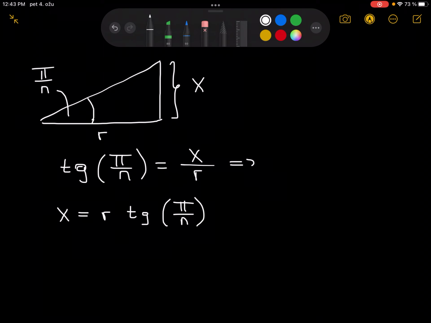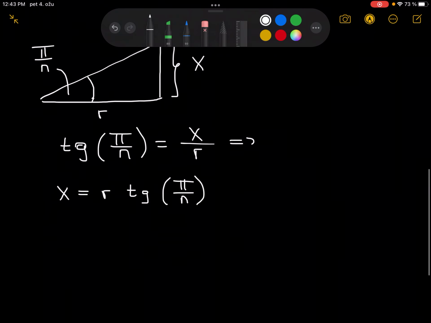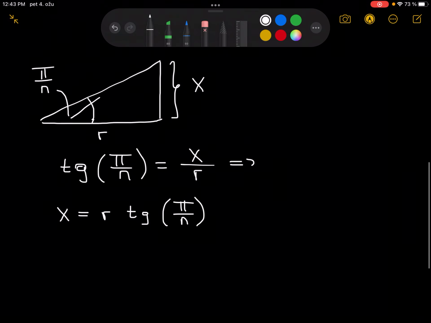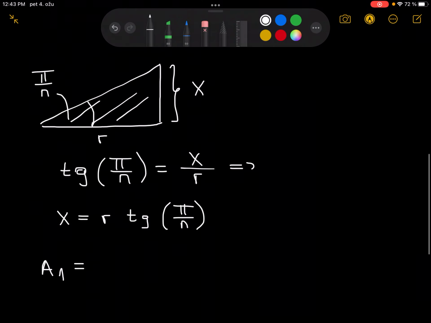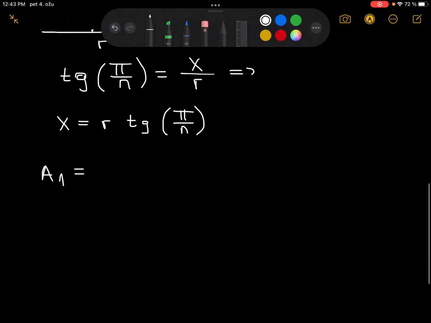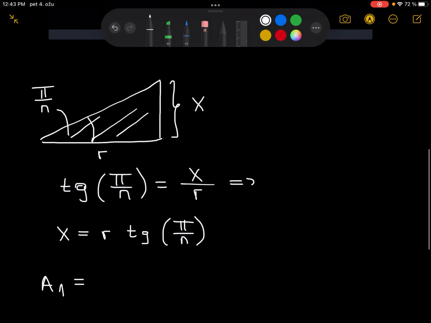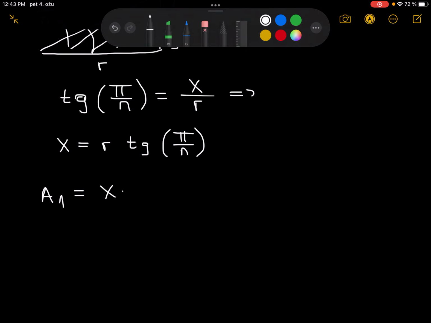Now that we know this, we can go ahead and calculate the area of this triangle. I'm just going to call it area 1 because it's the area of a single triangle. Since it is a right triangle, that's going to be equal to x times r over 2.